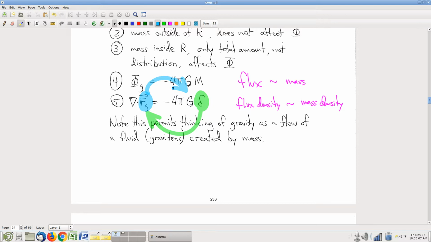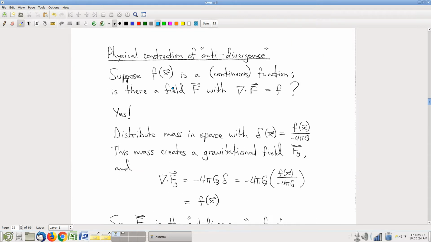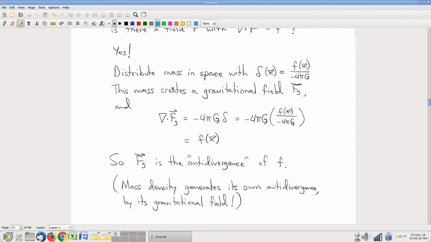Said differently, a density distribution of mass creates its own anti-divergence physically, which is pretty wild. I think that's kind of neato. Anyway, all the details are here, and it's just details, so let's not sweat it. And this is not in the book, and you're not responsible for knowing this, but I think it's kind of cool.